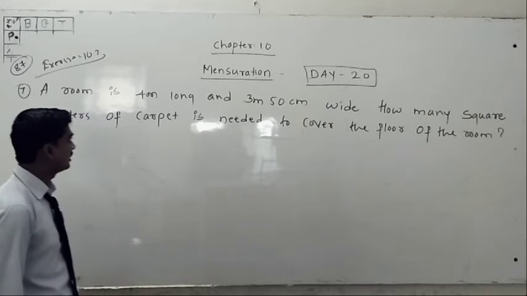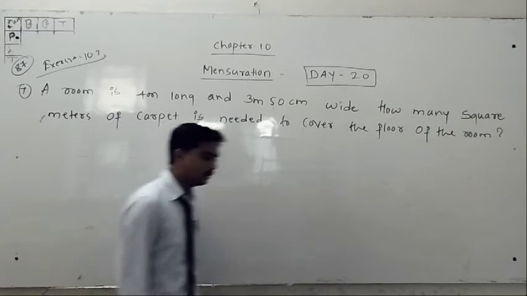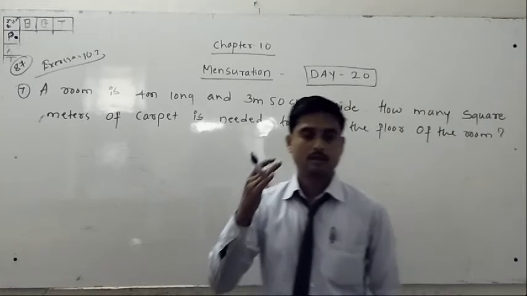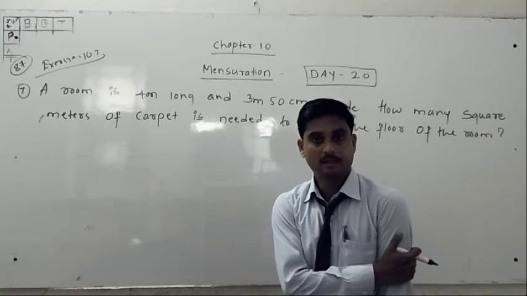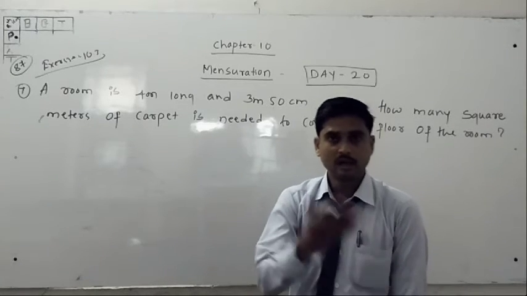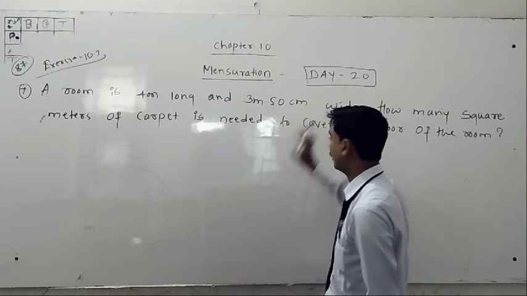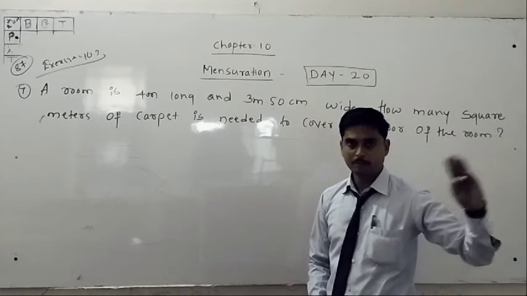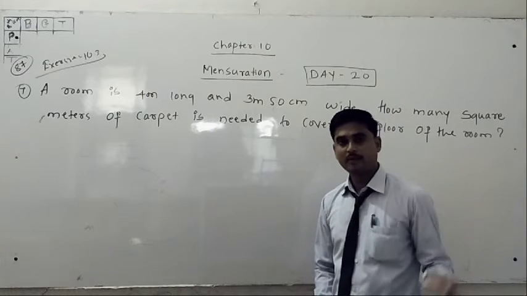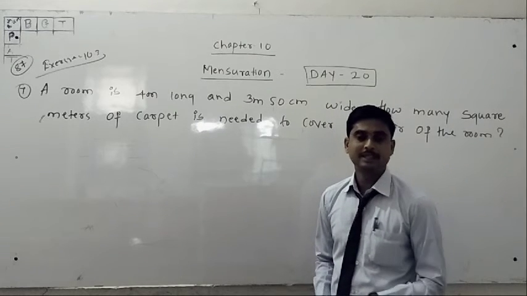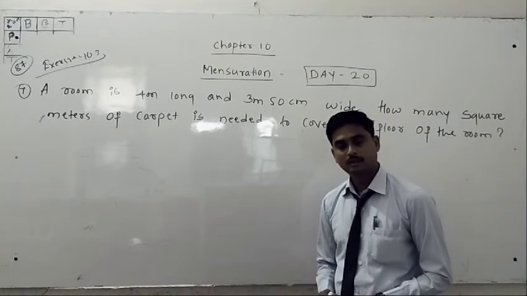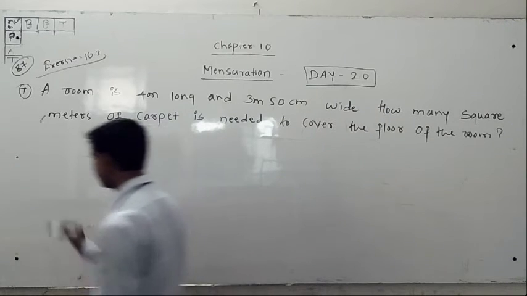Consider that room, which shape, a rectangle or square? They have given long and wide. Long and wide means length and breadth. That is a rectangle figure.